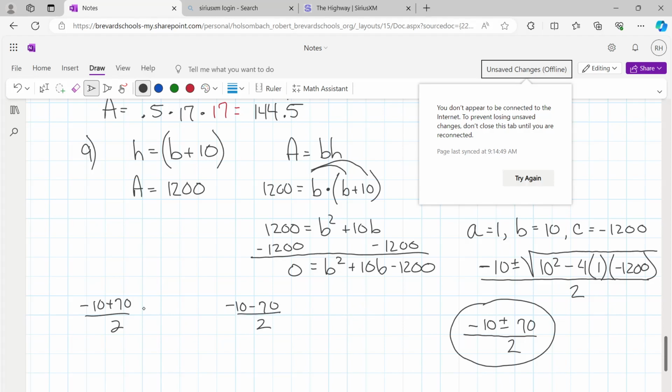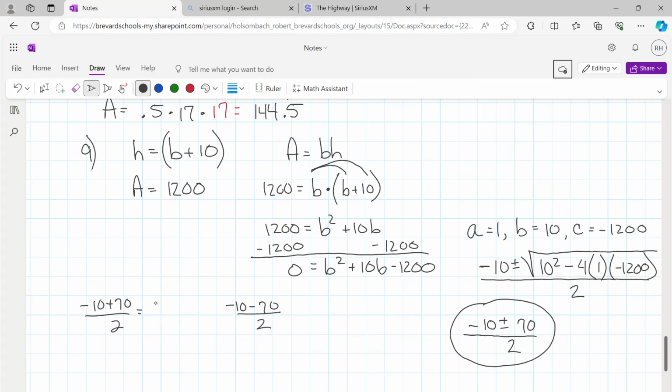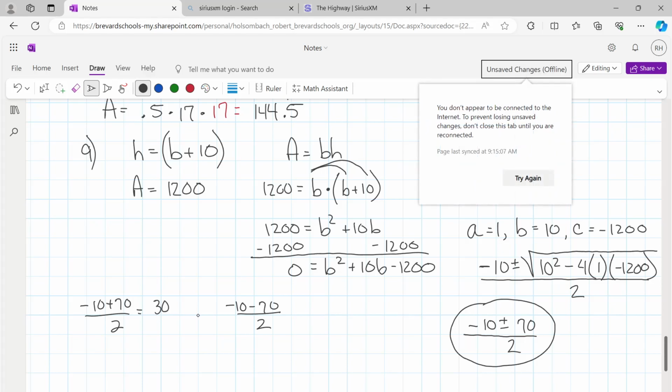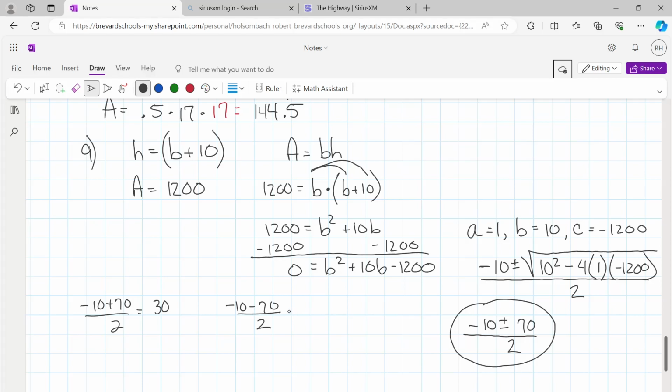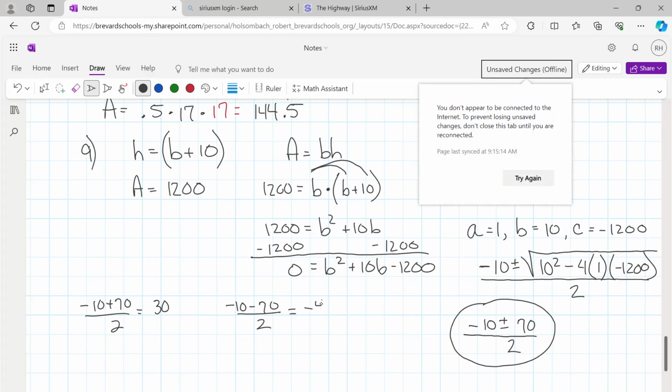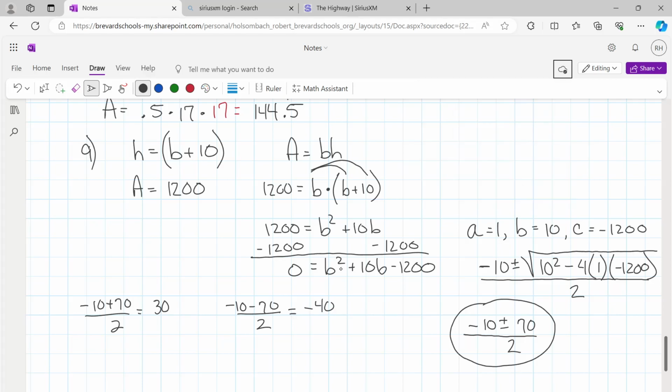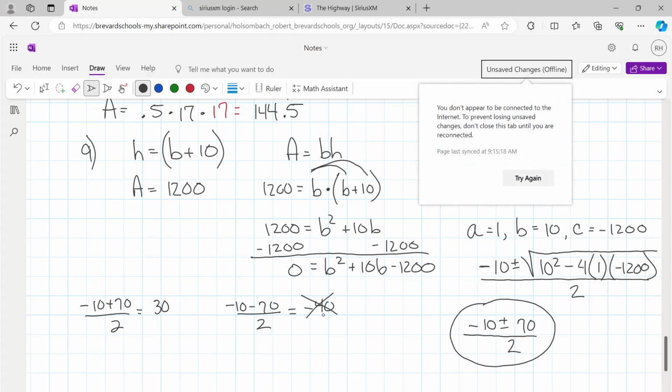So our negative 10 plus 70 is 60 divided by 2 is 30. Our negative 10 minus 70 would be negative 80 divided by 2 is negative 40. Well, since the b in this case refers to the base of this parallelogram, it's not going to be the negative 40.